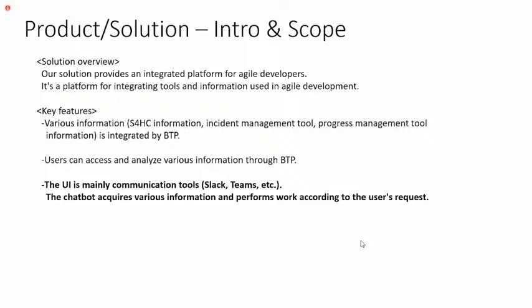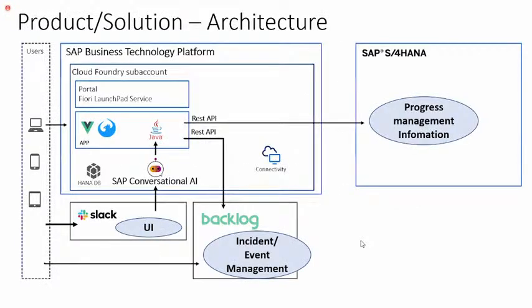This is the architecture of our solution. S/4HANA Cloud and other LOB products can have project information and other management-related information, including notifications. When it comes to incident and event management and task management, we can use Backlog, which is a SaaS tool.